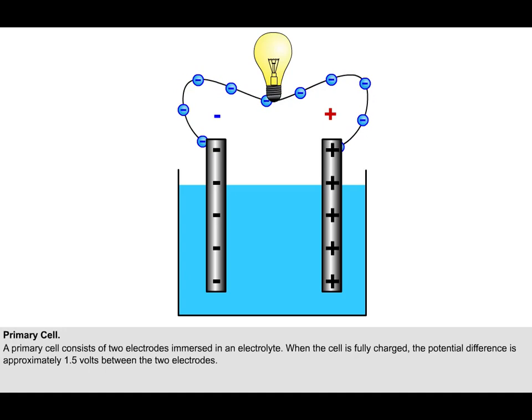When the positive and negative terminals of the electrodes are connected to an external circuit, electrons flow from the negative terminal to the positive terminal through the circuit. At the same time, more electrons are allowed to transfer inside the cell from the positive to the negative electrode.